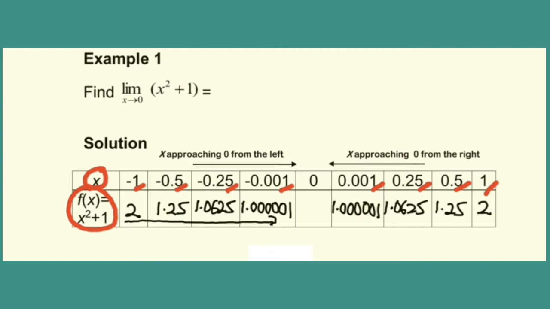When x is getting closer to 0 from the right, f(x) is getting closer to 1. Therefore, the limit of x squared plus 1 as x approaches 0 is 1. We can write the limit of x squared plus 1 as x approaches 0 is 1.